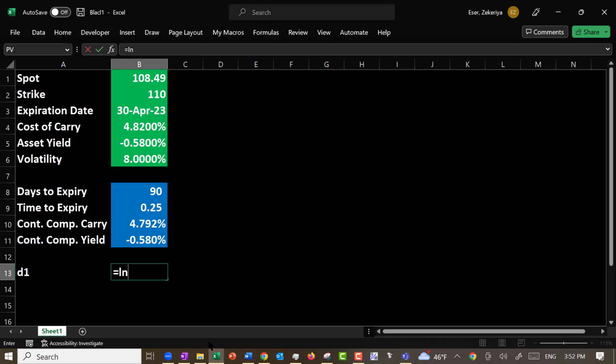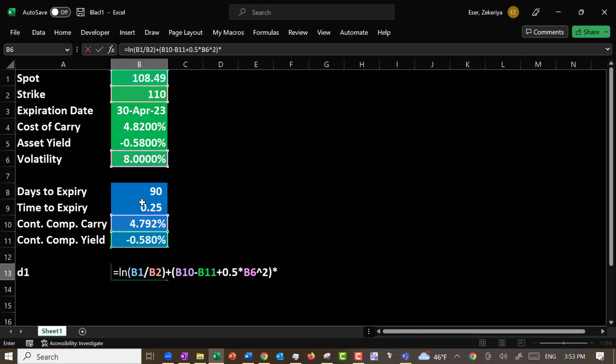Just follow me. ln of spot divided by strike, plus continuously compounded cost of carry minus yield plus 0.5 times volatility squared, the whole thing multiplied by time to expiration, and divide the whole thing, after getting into parentheses, by sigma times square root of T. I'll wait for you guys to copy.